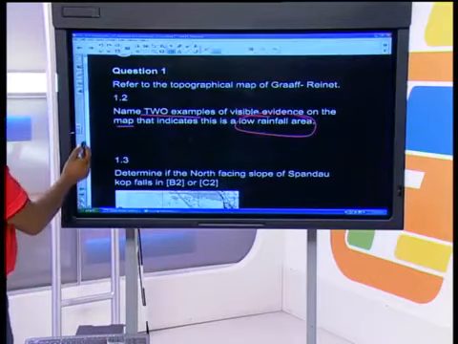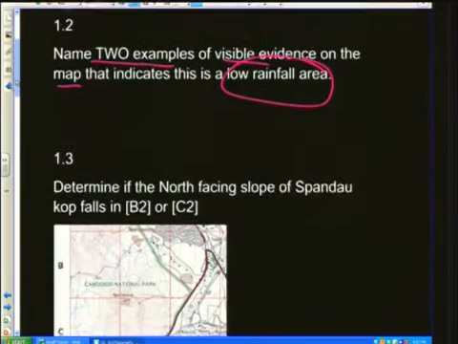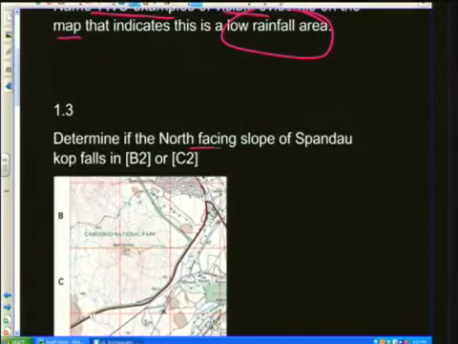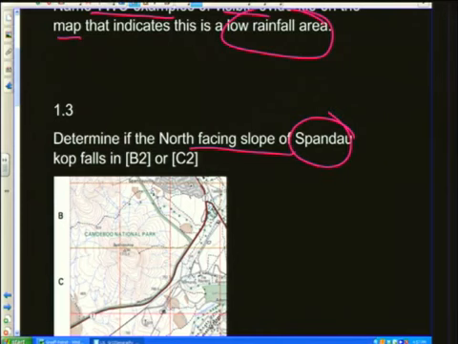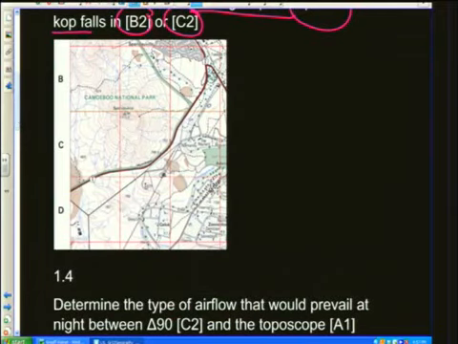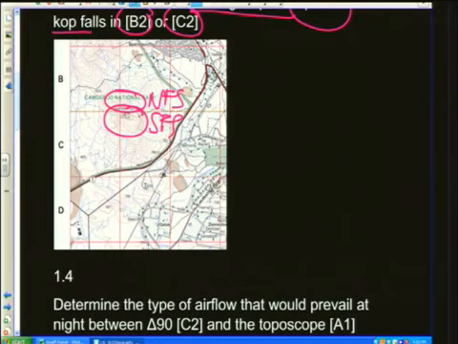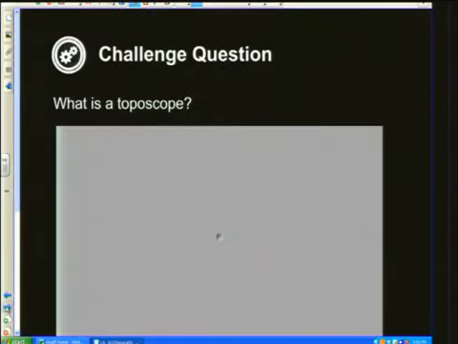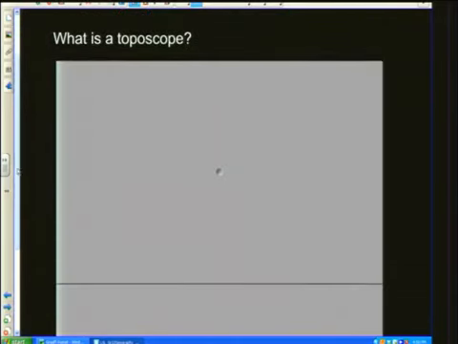The next question. Determine the north-facing slope of Spandau Kop in blocks B2 and C2. As we've discussed previously, you should note that this area here is your north-facing slope, and this particular area is your south-facing slope. I'm going to go now to the toposcope, which is your challenge question.